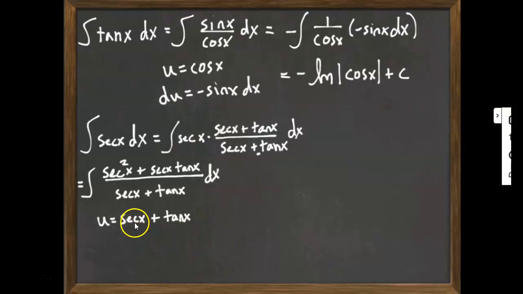Notice now when I take the derivative of this, the derivative of secant is secant times tangent, and the derivative of tangent is secant squared. This trick comes from the idea that secant is a common factor of the derivative of both secant and tangent. So you could actually write the derivative of secant plus tangent as secant times secant plus tangent. That idea was really the key to making this work.